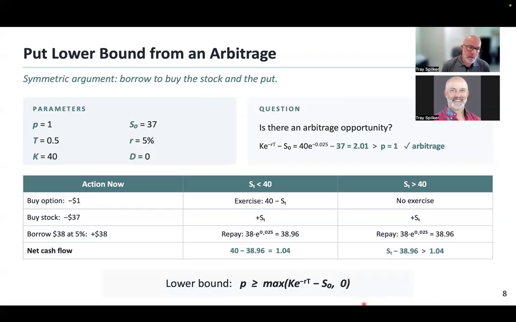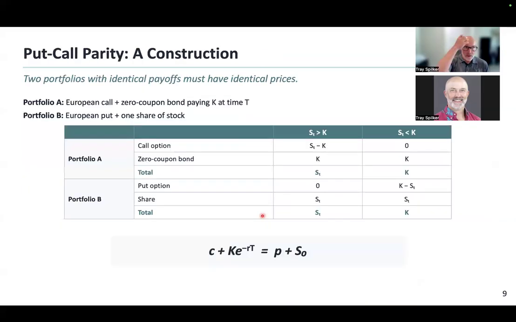Now, this leads us to a construction for the put call parity condition, and I'm going to do it using two portfolios. That is essentially the way we just set up the arbitrages on the prior slide.